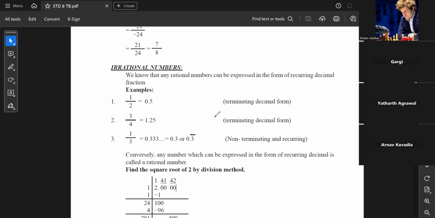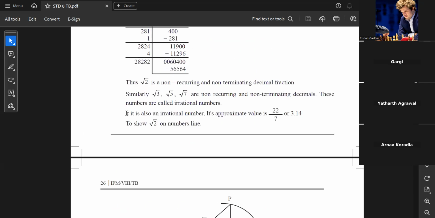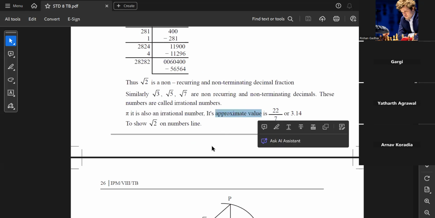But if you go down to the pi section, it is written that pi is an irrational number, but it is being written in the form of fraction, 22 by 7. Why? Because this fraction is not the exact value of pi. It is an approximated value.